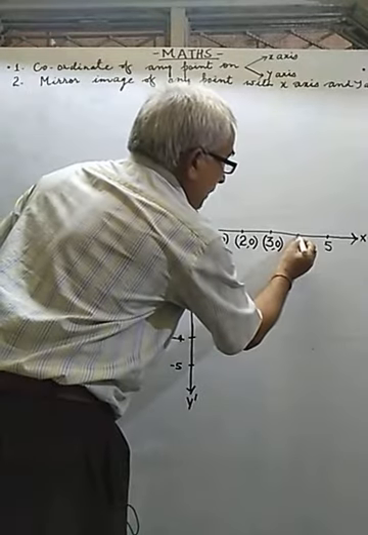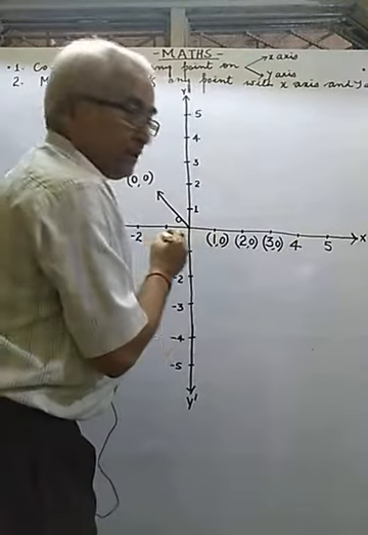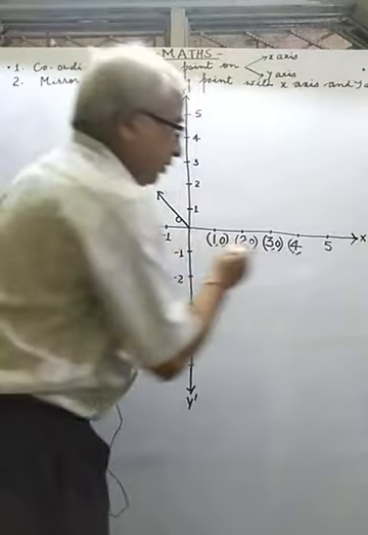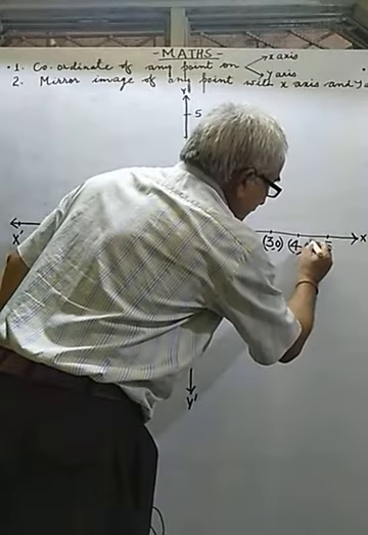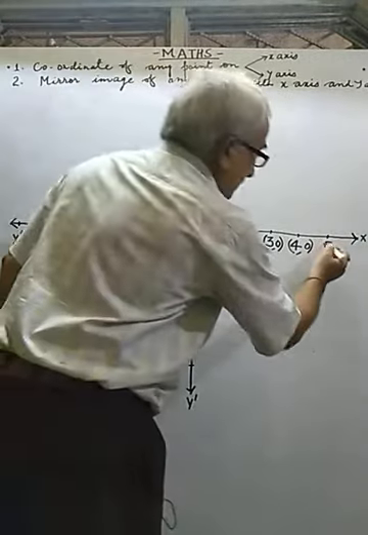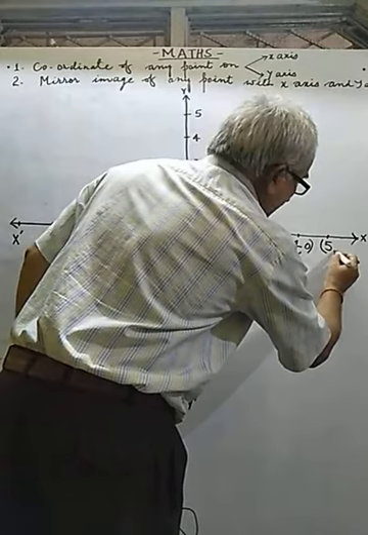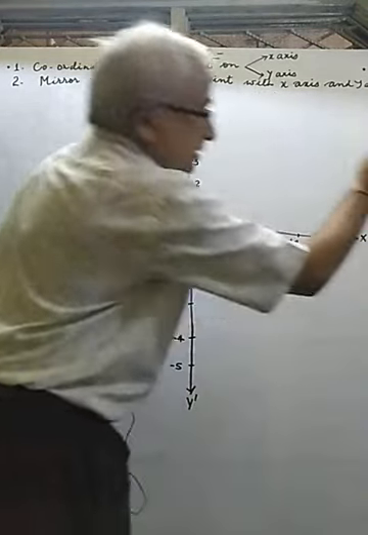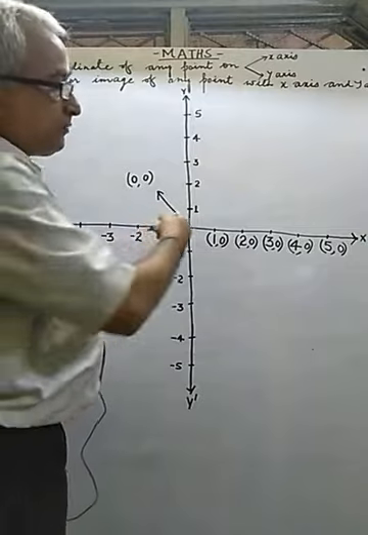Similarly, the coordinate of this point, the value of abscissa is 4 and ordinate is 0. So this will be (4, 0). Again, in this way, the coordinate of this one is (5, 0), and so on. This process will be continued.